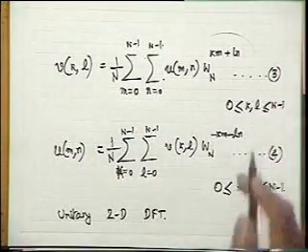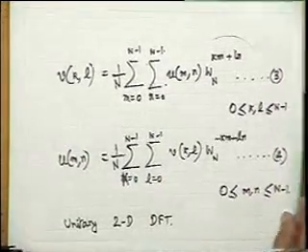Let us write only for V of KL, that is the forward transformation, and if I show you how to do that, then doing it for the reverse transformation is a similar job.